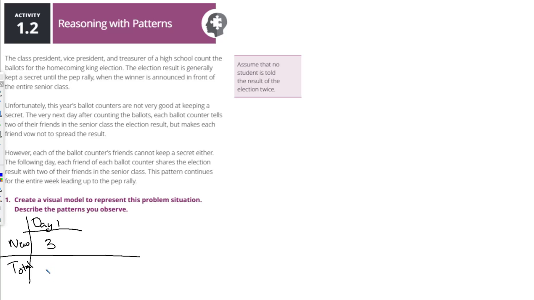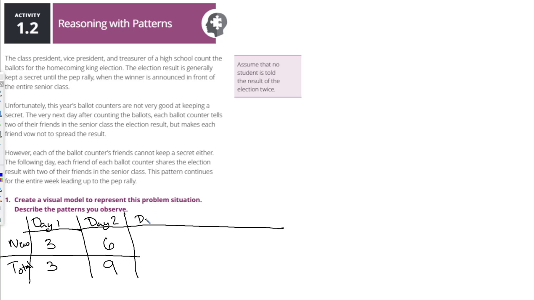And the total number of seniors that know are 3. Day 2 rolls around. Each of these people, the new ones, told 2 people. So that means day 2, we have 6 people that found out that day. And so that means there's a total of 9.